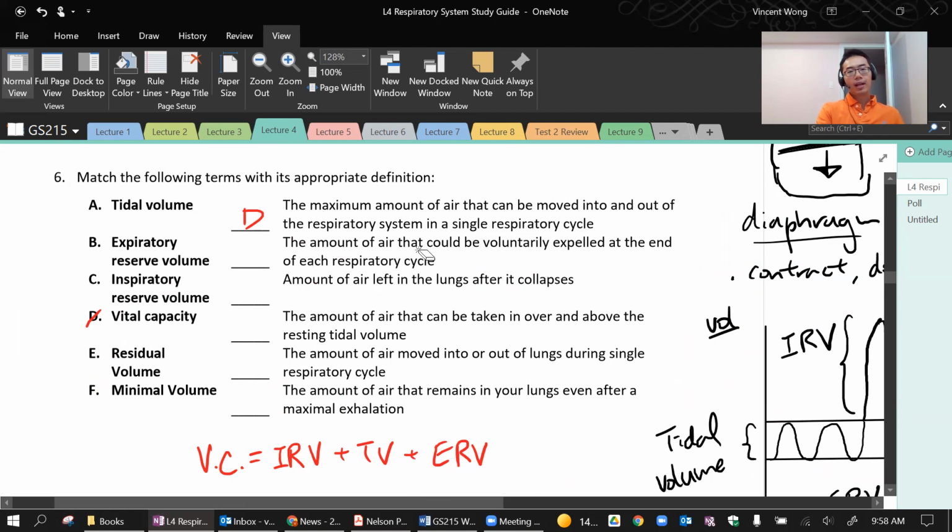Next, the amount of air that could be voluntarily expelled at the end of each respiratory cycle, that is the expiratory reserve volume, or ERV. Amount of air left in the lungs after it collapses, that is the minimal volume.